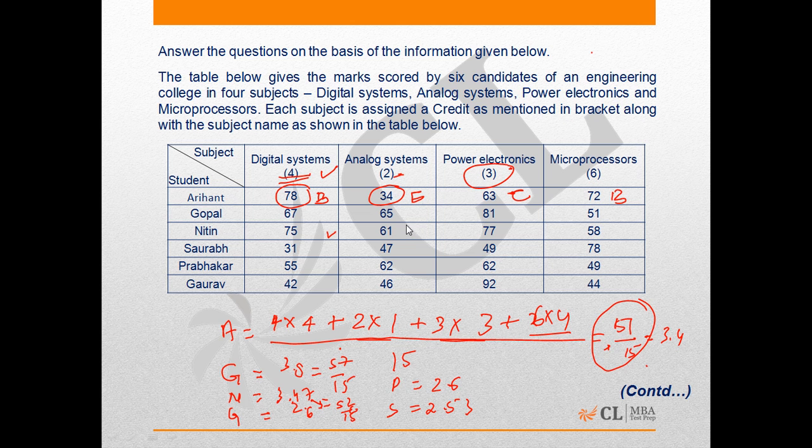If he gets 5 more marks in digital system, his value of credit into point will increase.